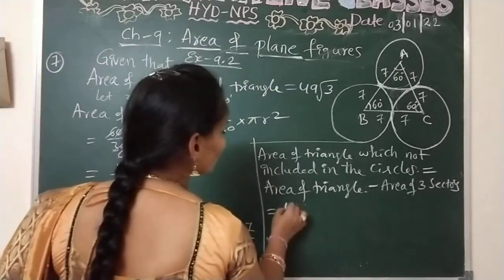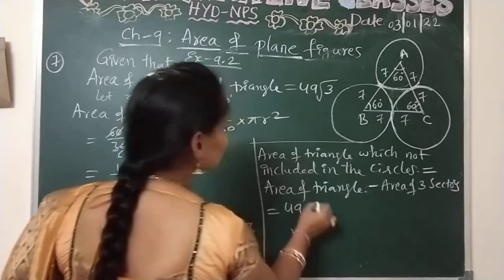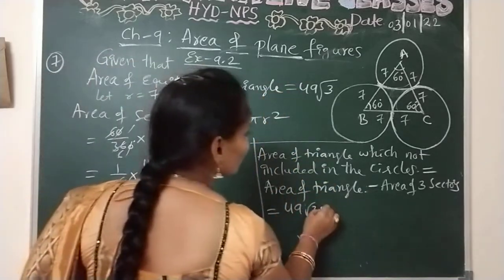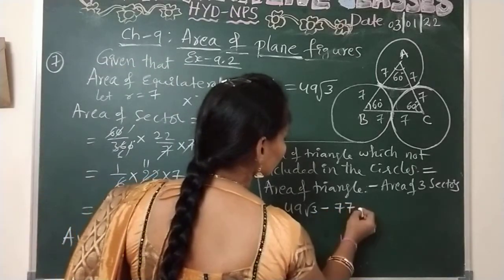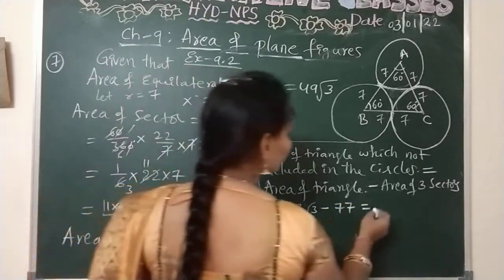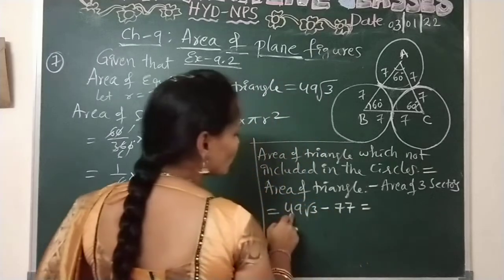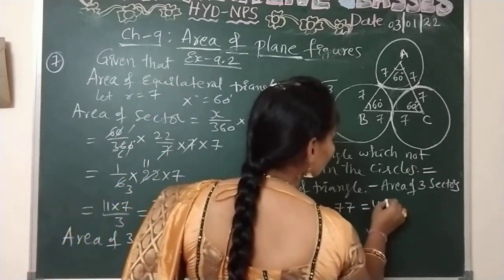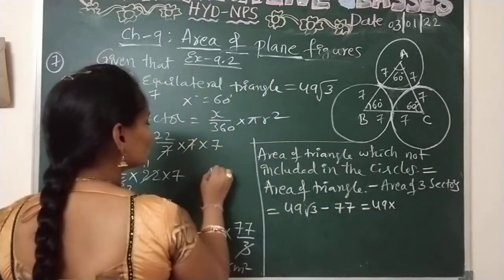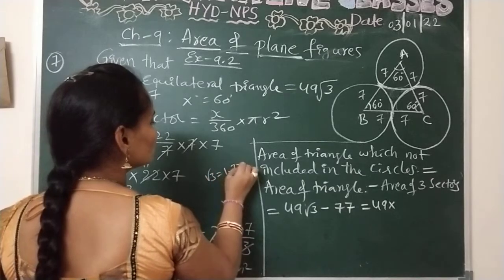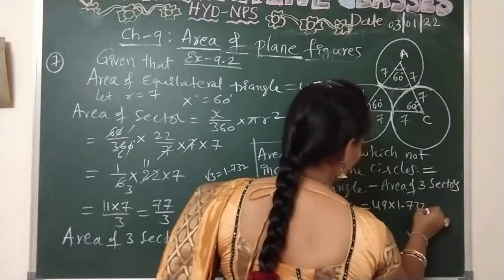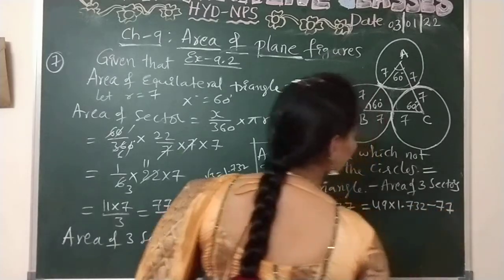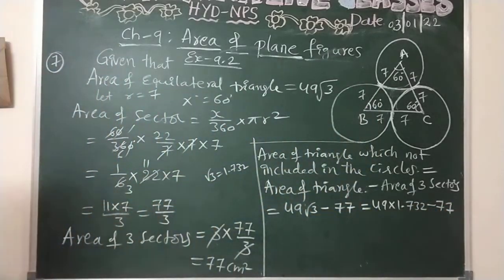Now the area of the triangle is 49√3, which is already given in the question, minus the area of 3 sectors, which we got as 77. Now multiply with √3. The value of √3 you can always remember as 1.732. So 49 into 1.732 minus 77.